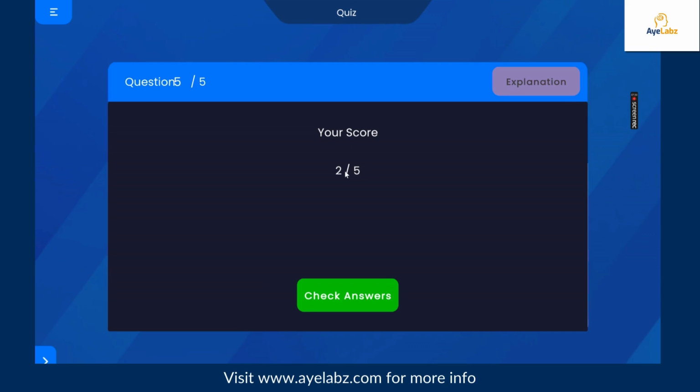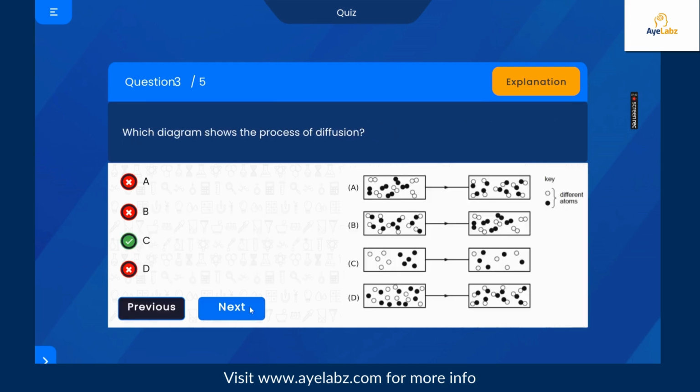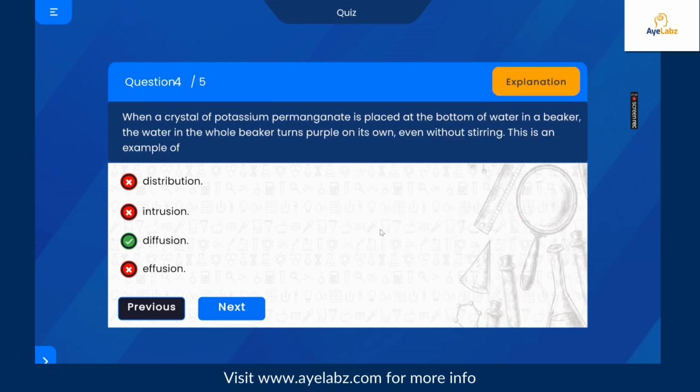Upon clicking on submit, you can view the score you have got from this quiz, and by clicking on check answers, you can see which of the answers are right and which are wrong. Also, you can click on the explanation button to reveal the solution of the question.